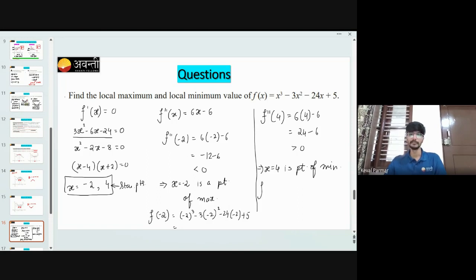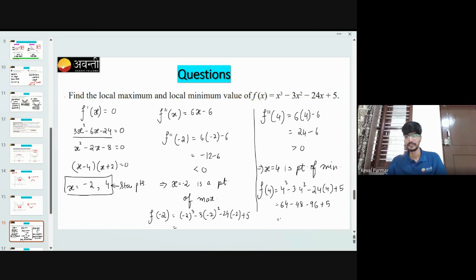And what is the minimum value? It will be f of 4, which is 4 cube minus 3 into 4 square minus 24 into 4 plus 5. So whatever value it comes, that will be my answer. We can calculate this. 4 times 16 is 64, minus 16 times 3 is 48, 24 times 4 is 96, plus 5.